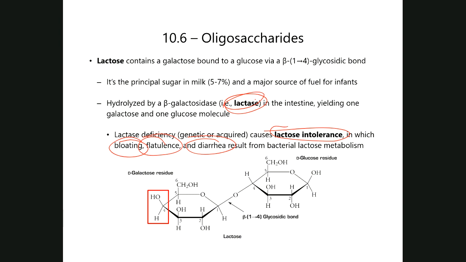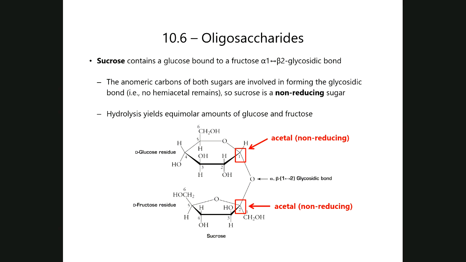All right. So sucrose is an interesting compound. Sucrose is the regular table sugar that we use every day to sweeten our things. It's an interesting linkage because it's a glucose with an alpha linkage coming from the glucose.